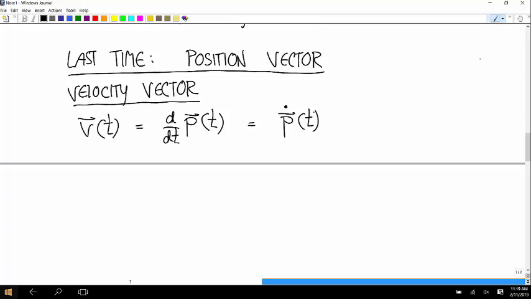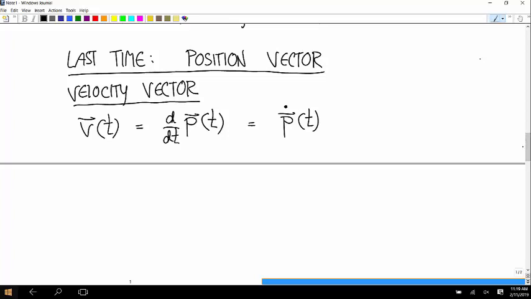And mechanically, how do you go about taking the time derivative of the position vector? Well, if you know the position function, x and y components, then you just take the time derivatives of the individual components, and those are the components of the velocity vector. I'll do an example of that at the end.